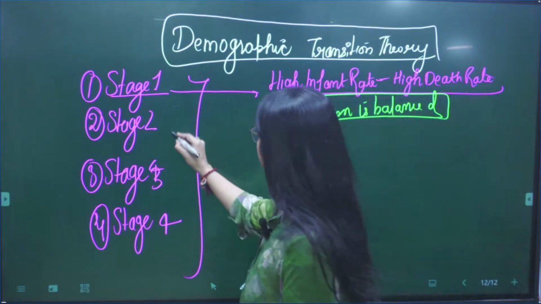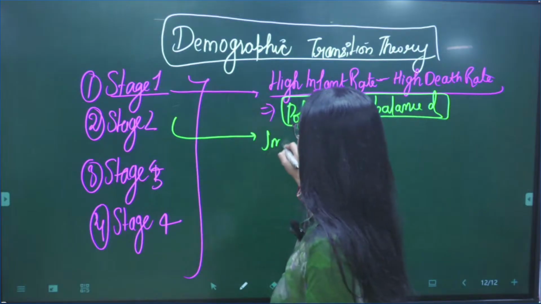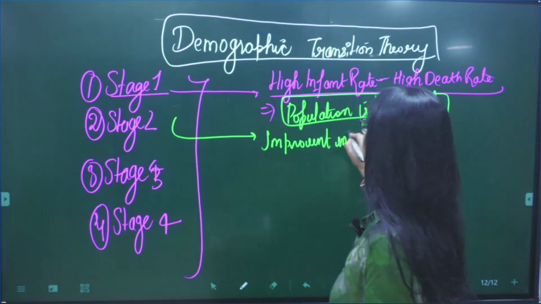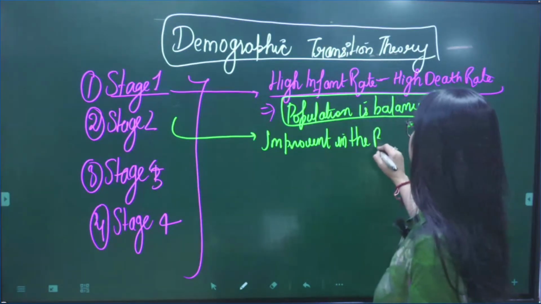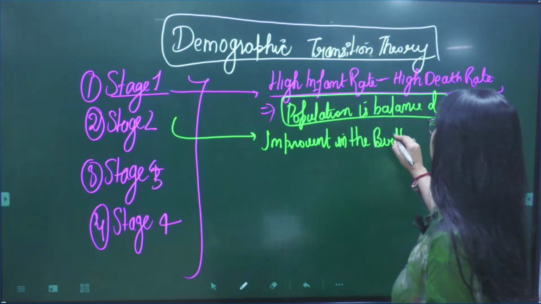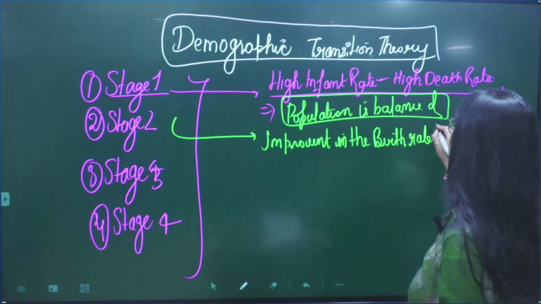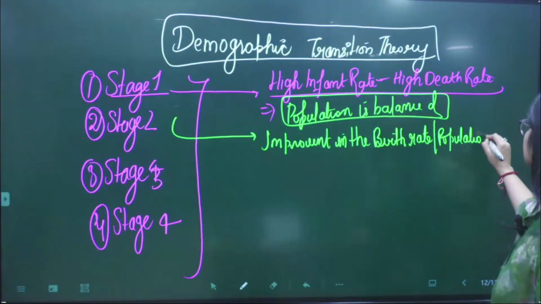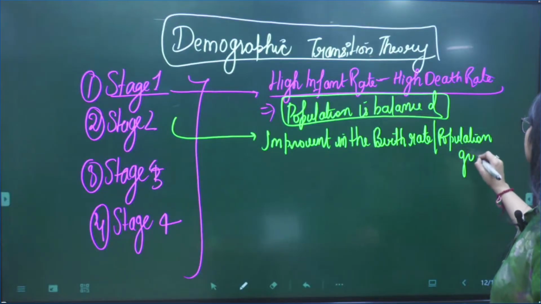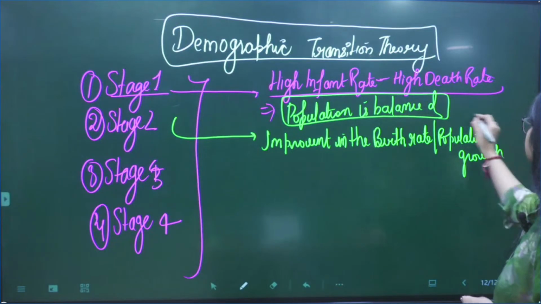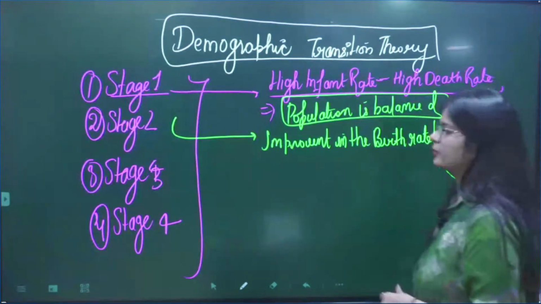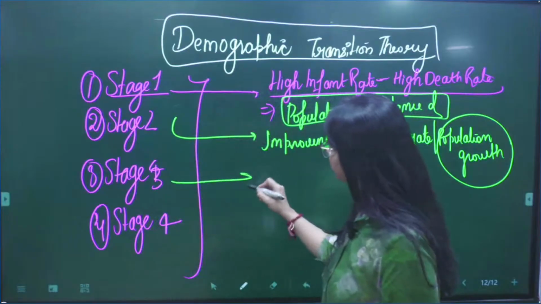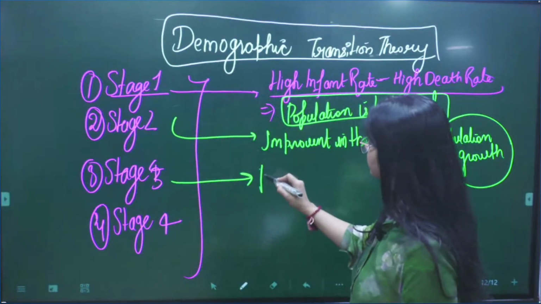Right? In stage 2, there will be improvement in the death rates. The population growth will increase due to certain factors, because of better food, because of medical facilities, because of better incomes of the different people. In stage 3, again the population will decline.